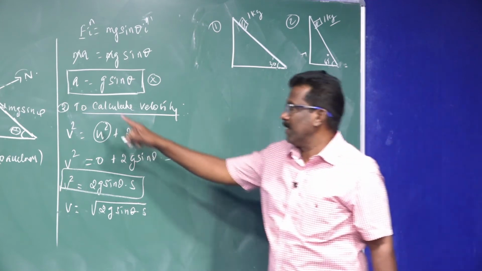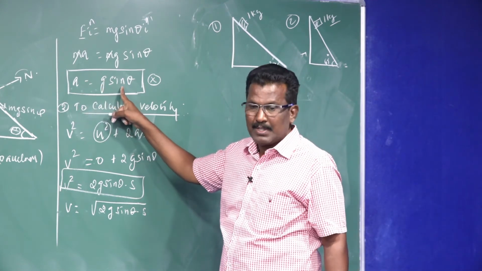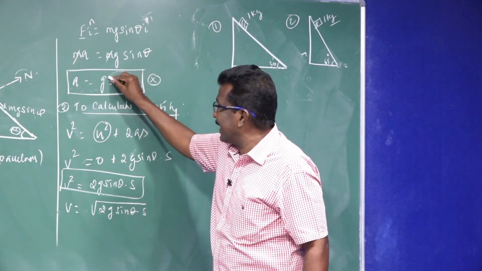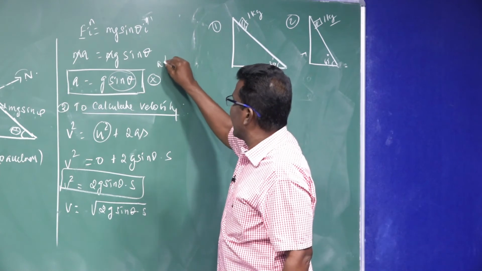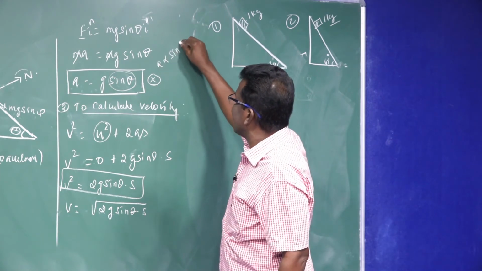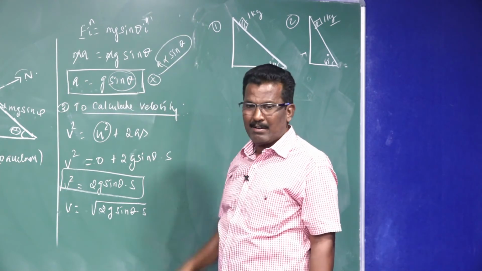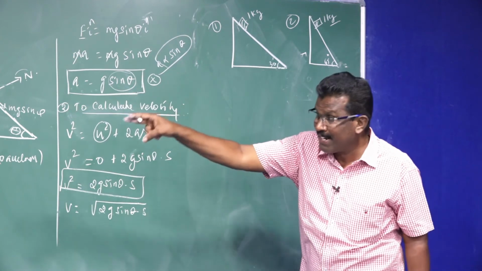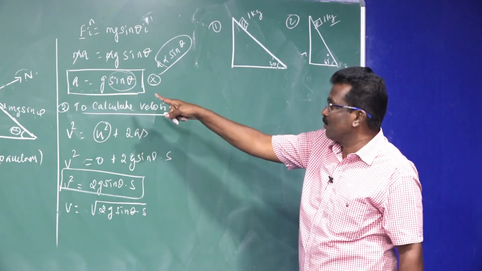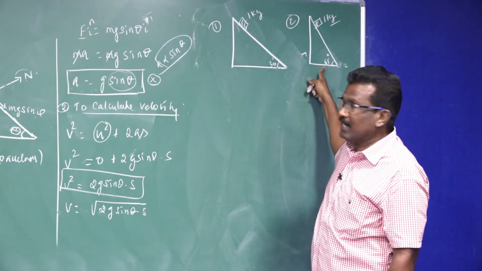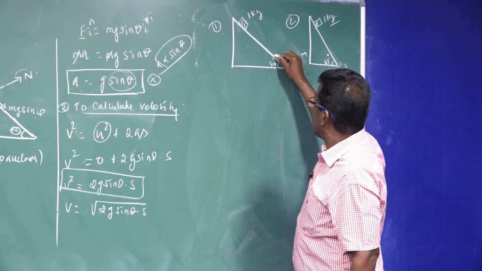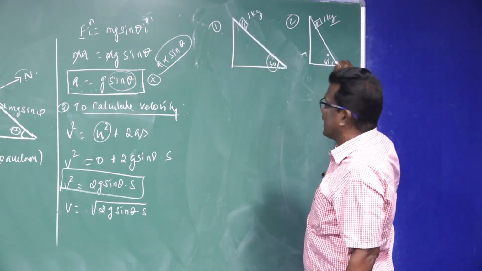By using the formula a is equal to g sin theta. Where theta is greater, a is greater. So a is directly proportional to sin theta, because g remains constant everywhere at a given place. So a is equal to g sin theta; the greater the theta, the greater the acceleration. Suppose first case 30 degree, second case 45 degree.